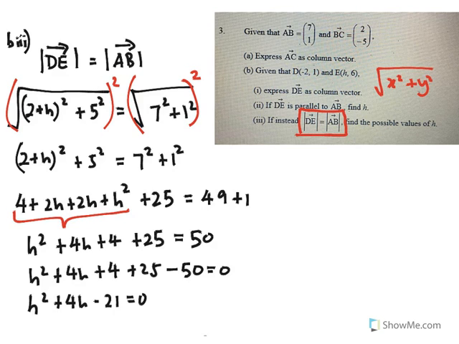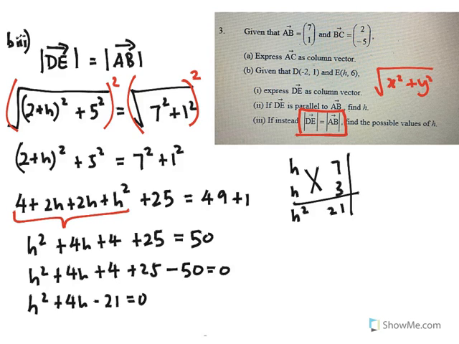Now here you are supposed to use either your cross method, or you're supposed to use the formula minus b plus minus square root of b squared minus 4ac. Okay, but for this one, actually you can use the cross method. Okay, just use 7 and 3. So h squared, 21.